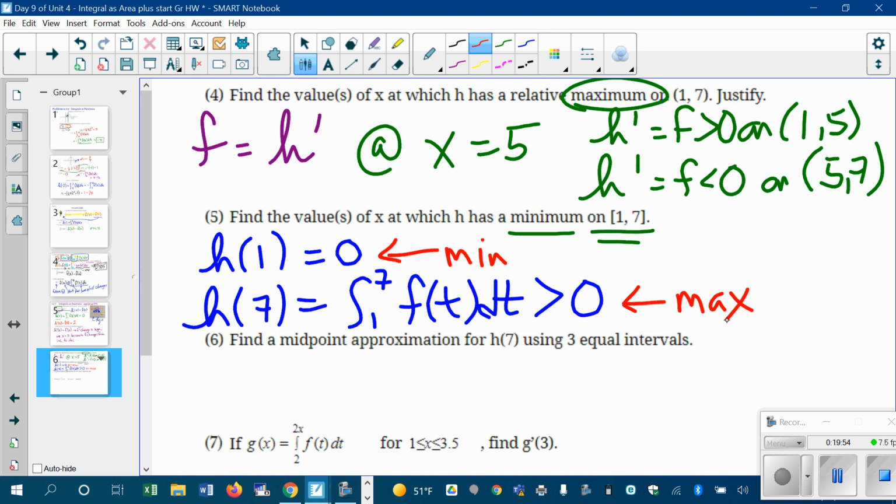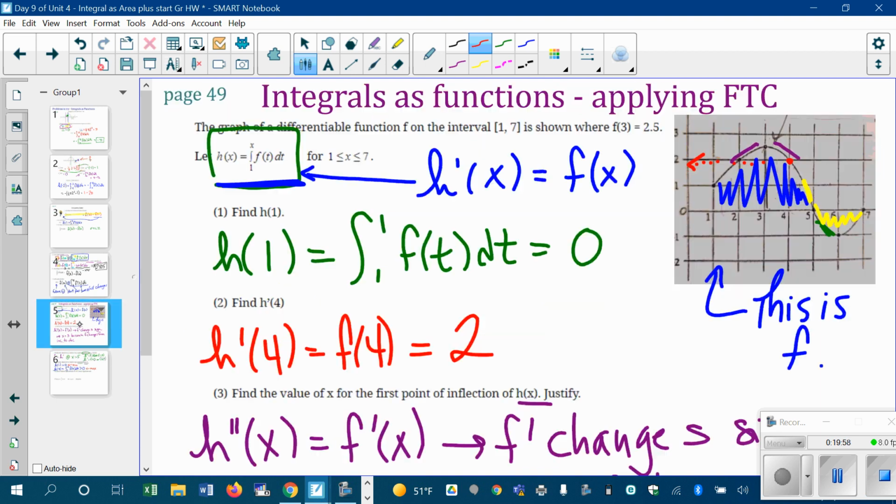Okay, a midpoint approximation. Woo! That's a spicy meatball there. So midpoint approximation using 3 equal intervals. I'm going to go from 1 to 3, from 3 to 5, from 5 to 7. And then I'm going to take the middle x at each one of them as my height.